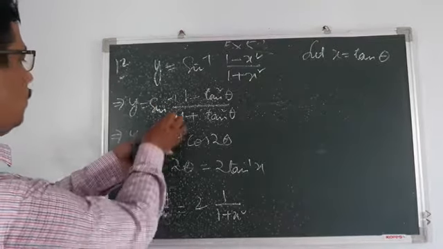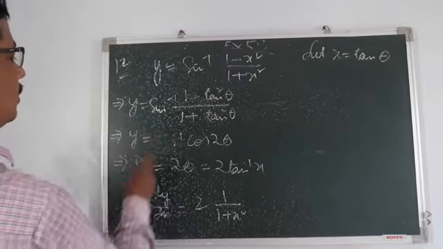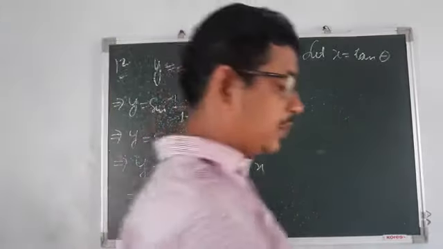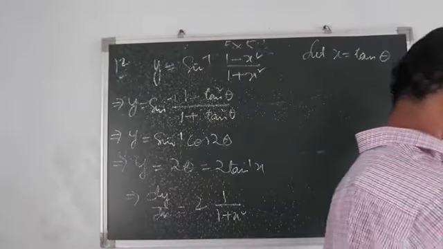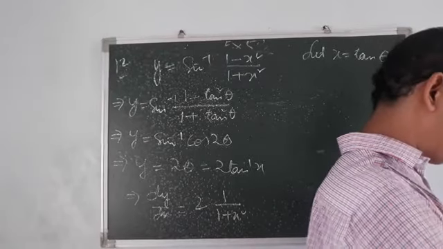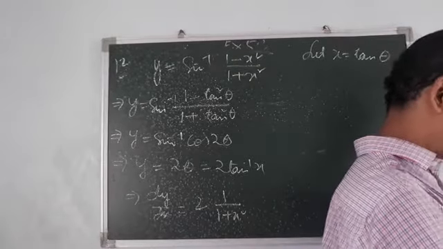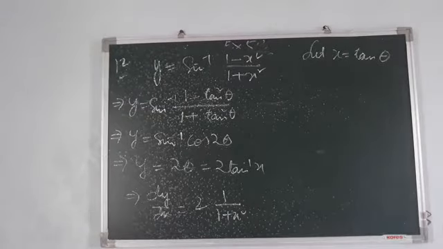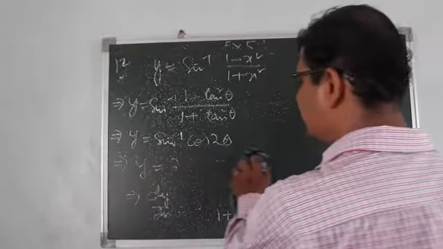Then one problem: it is sine inverse of this one. The technique, you just see, I have written this one in a different way, and that is our problematic part.